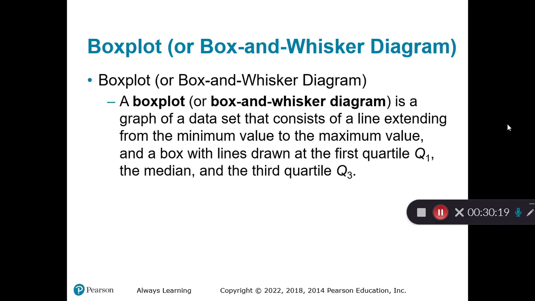So a box plot is essentially a graphical representation of that 5-number summary. What we're going to do is draw a number line, and on that number line we're going to label the 5 numbers from the 5-number summary, and rather than just looking at those 5 tick marks on the number line, we're going to build a box and we're going to build some arms, and we're going to look at that in a much better way.